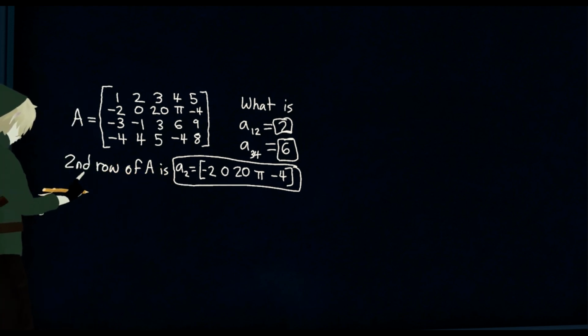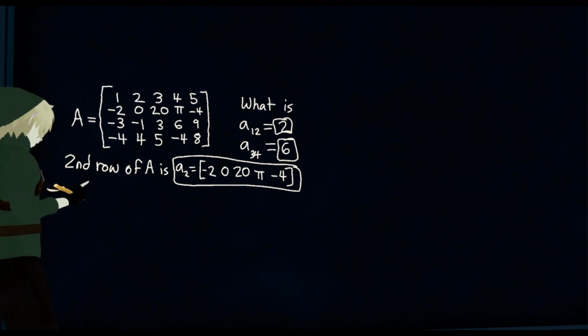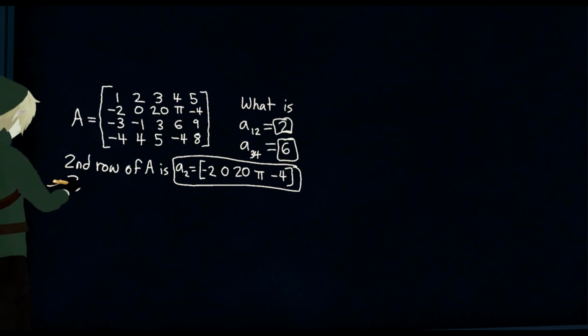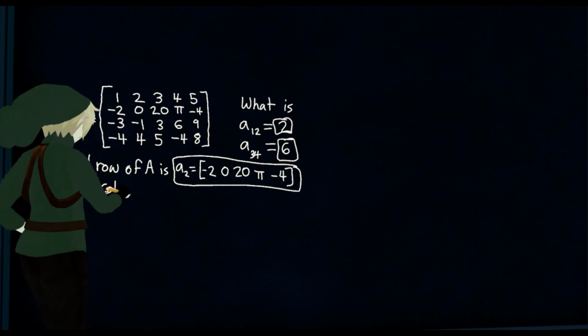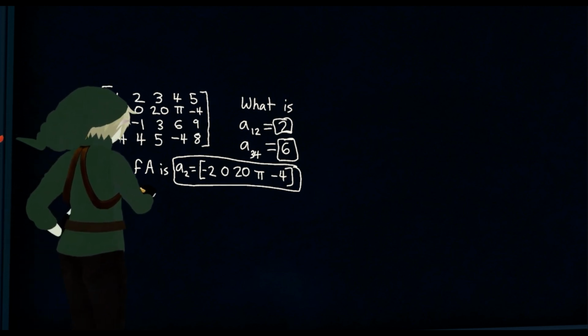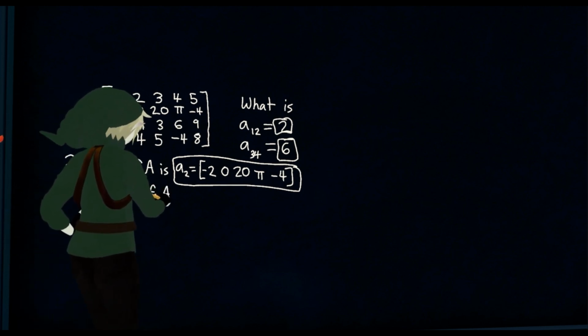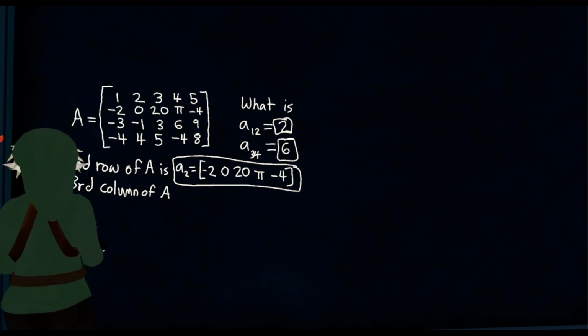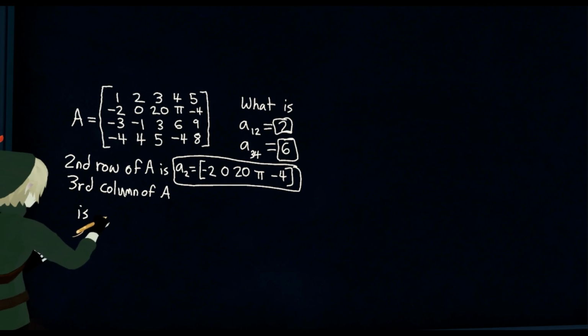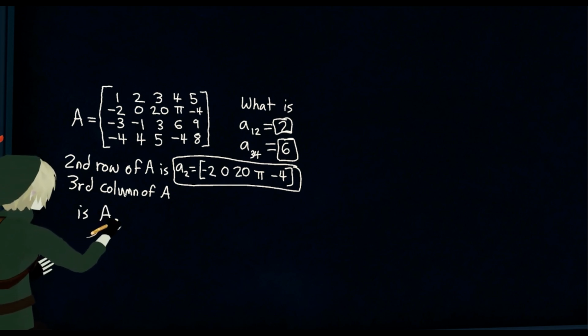So this is our second row of A, A2. Okay? Now, what if I told you what is the third column of A? Then the way we write this, the third column of A, the way it's written is capital A3.